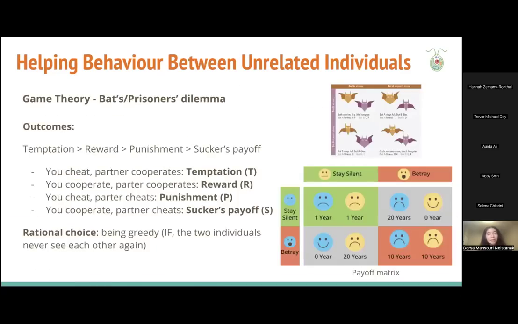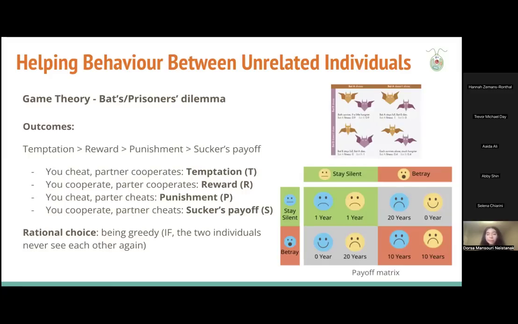So how do we explain helping behavior between unrelated individuals, though? We have to take a look at game theory, or more specifically, the prisoner's dilemma. This is basically a game where two individuals or players have the choice of being nice or selfish to each other without knowing what the other person is going to do. So there are outcomes from best, which is temptation, to worst, which is sucker's payoff.